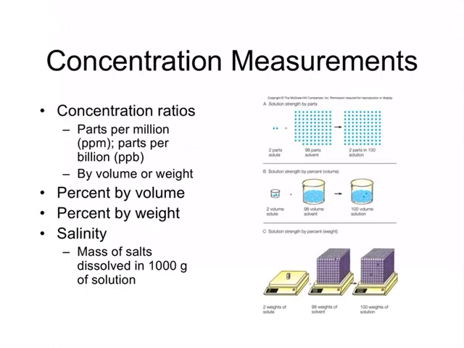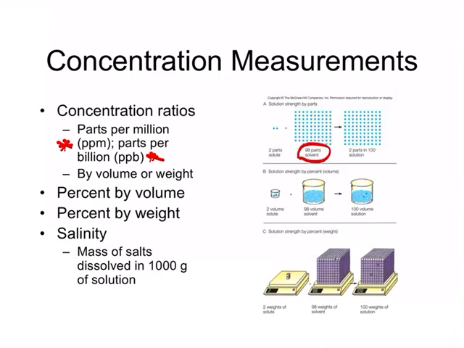All right, so concentration measurements. This is kind of where I'm wanting to get to, which is basically figuring out percentages. This is my main goal. So concentration ratios. Sometimes whenever you're doing solutions in science, we refer to parts per million or parts per billion.